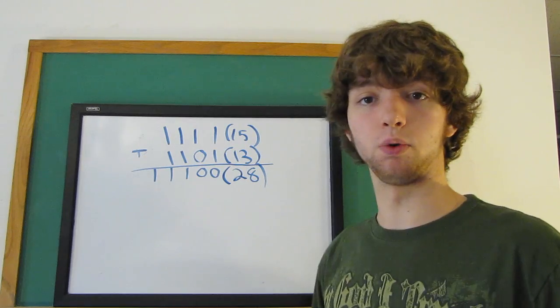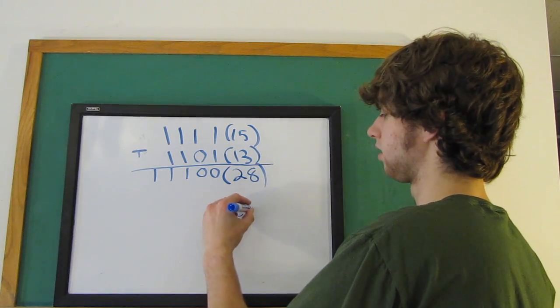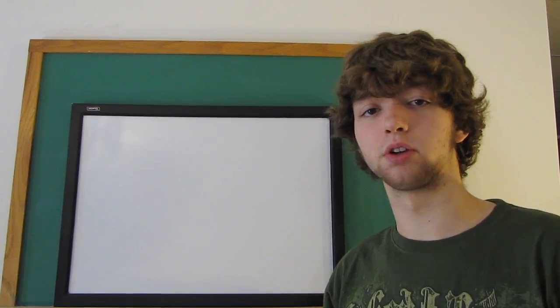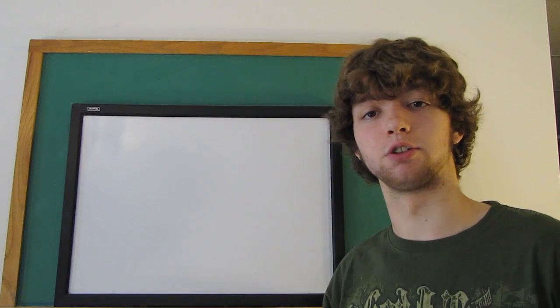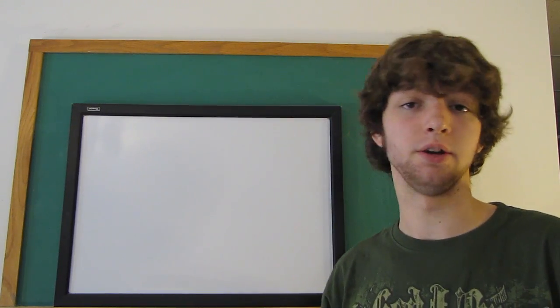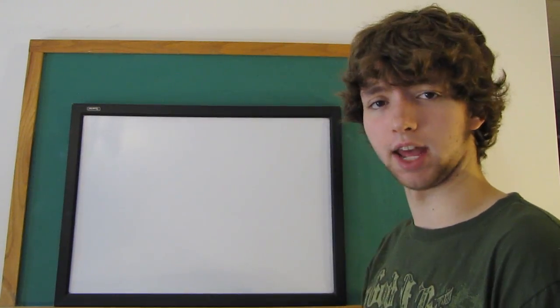So basically, all we did was convert the binary into decimal, base 10, which you may be used to. Occasionally, you're going to want to work with binary without having to convert it to decimal. So we need to learn how to add binary without converting it to decimal, obviously. So there's a few things that could happen.